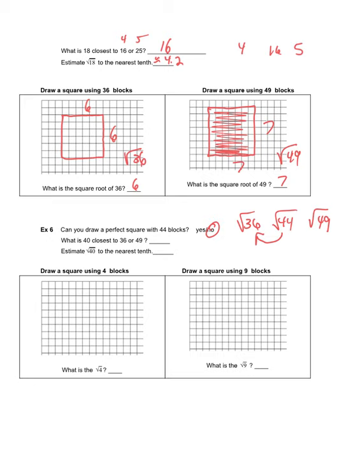Oh, that should be 40. Whoops, sorry about that. 40 is closer to 36. So we can estimate, and again, it's an estimate. The square root of 36 is 6. So like 6.3.